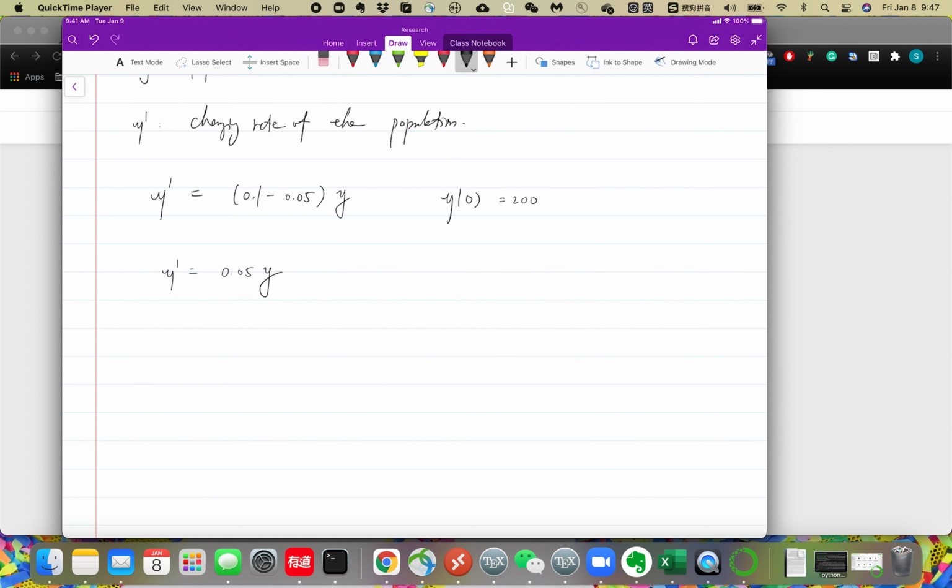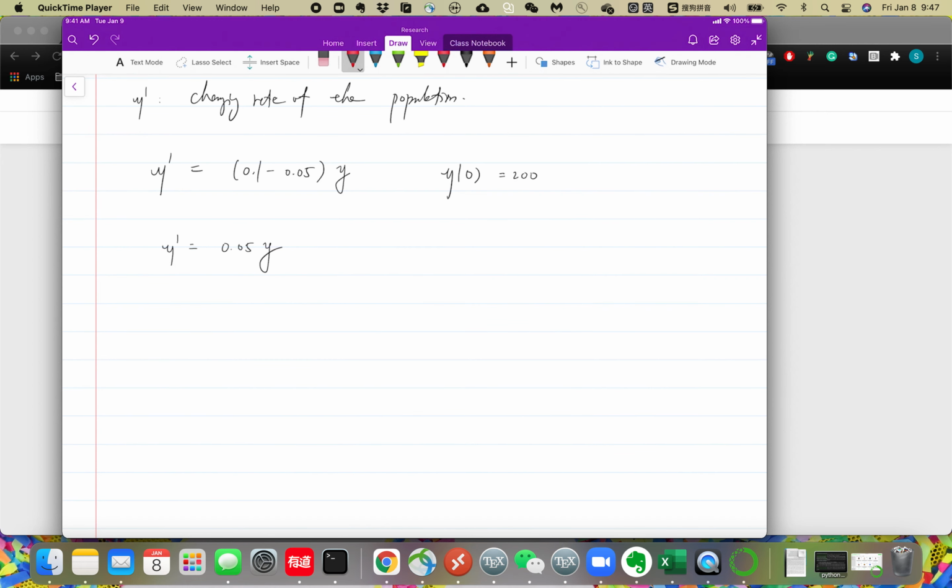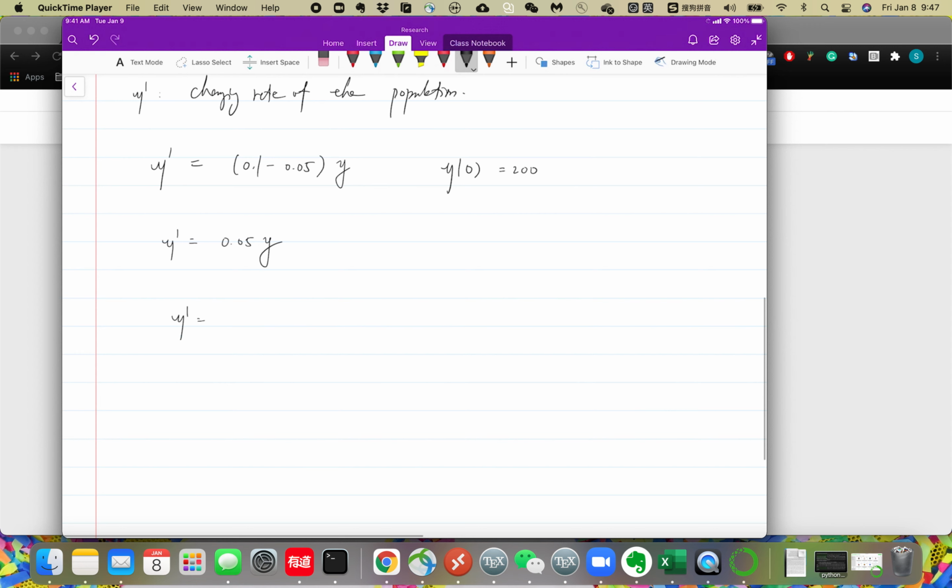All right. With that in mind, can you solve it? Then you need to ask yourself, do you know a function that if you take the derivative, it's basically the same function times a constant? To get rid of the disturbance from the constant, we can assume the constant is 1 and see which function satisfies this. And clearly it's e to the x. Now our next job is to try to make it 0.05.